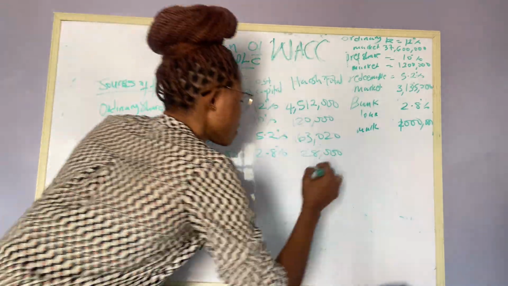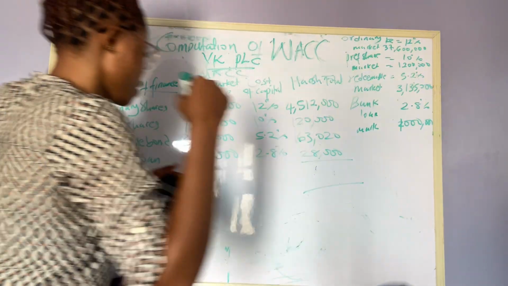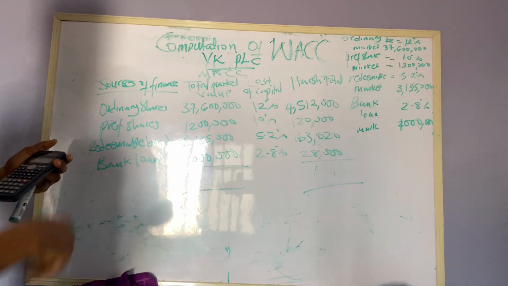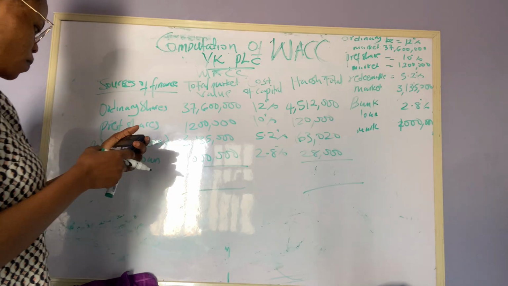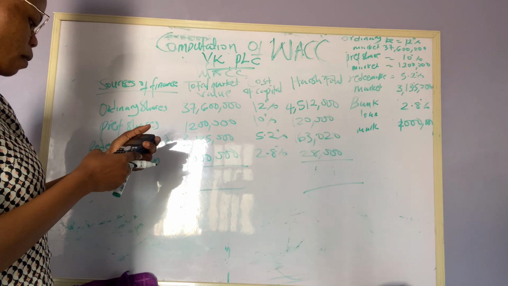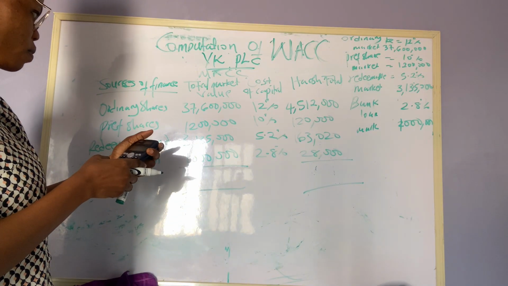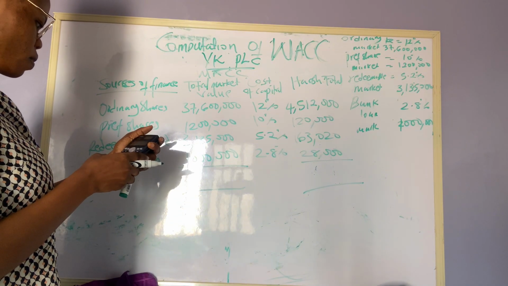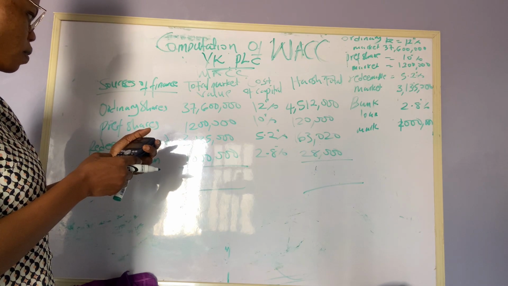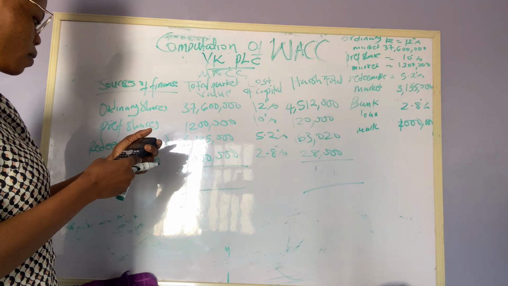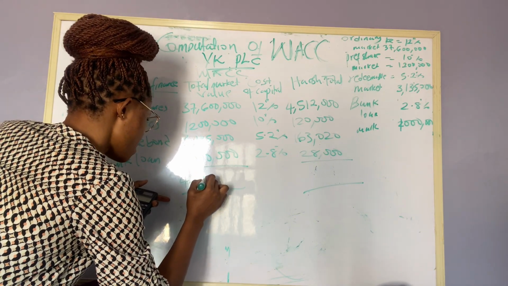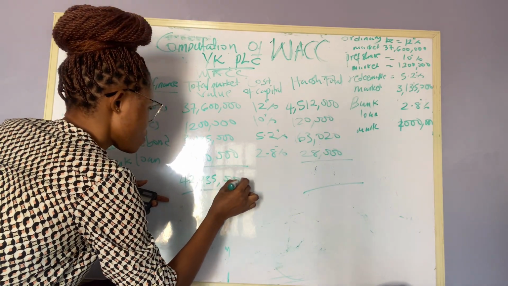Now we take the total of the market values: 37,600,000 plus 1.2 million plus 3,135,000 plus 1 million, so we have 42,935,000.